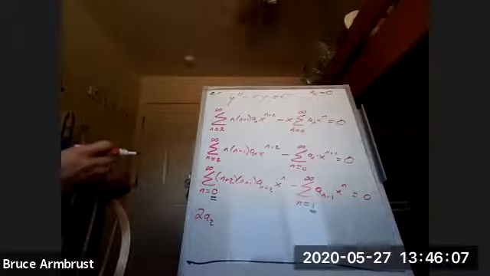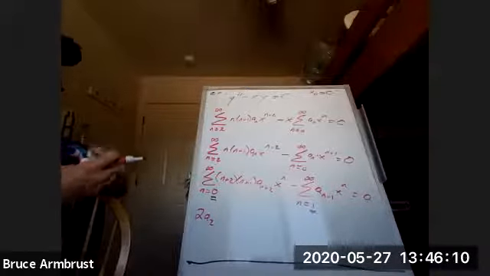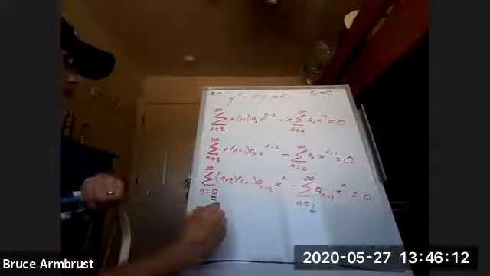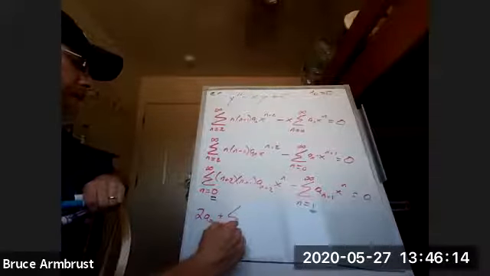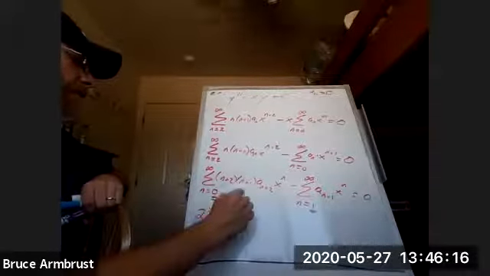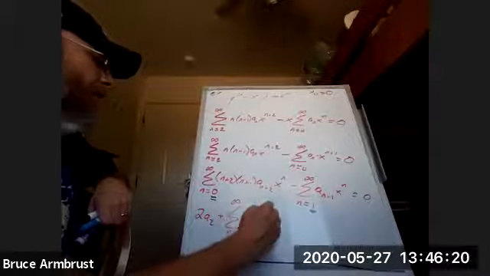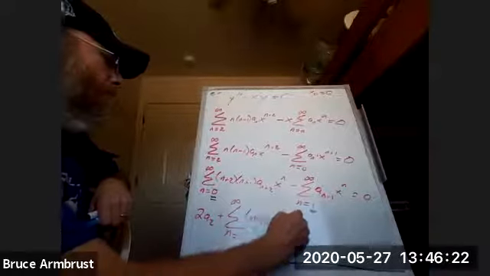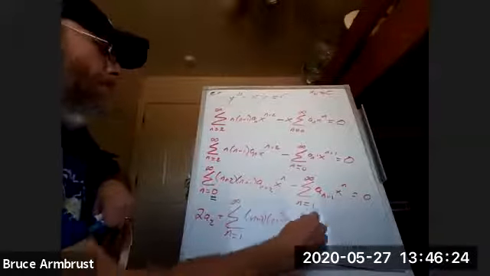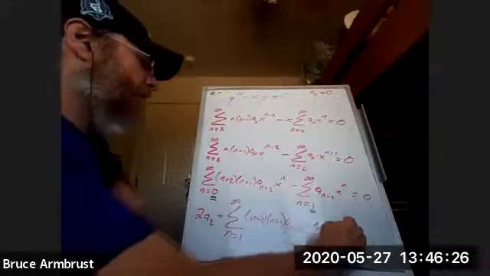So it'll just be 2 times a sub 2. But then all the rest of them still follow that same pattern, starting with n equals 1. And so now I can combine these.